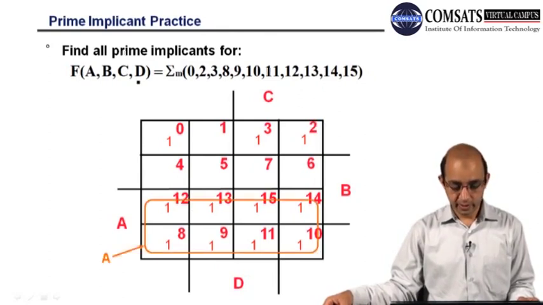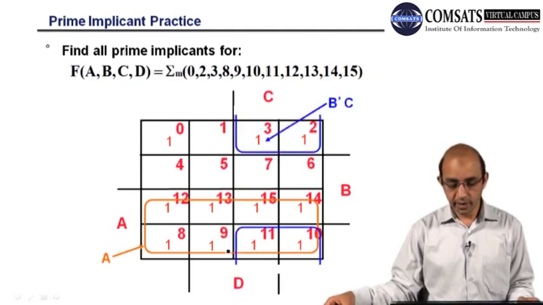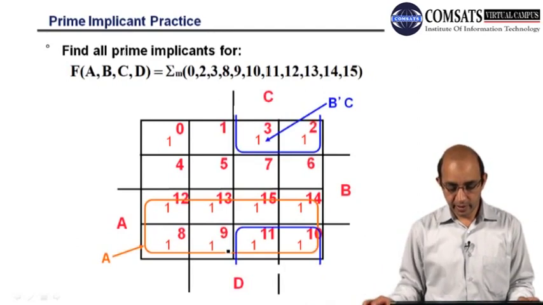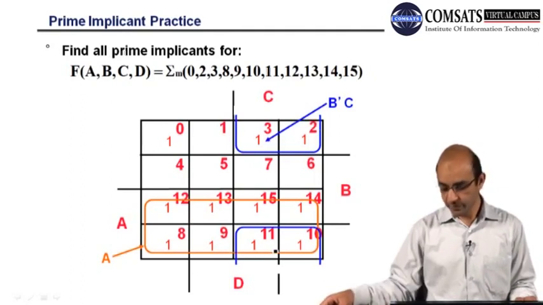So you can see that we have a quad at the bottom, right? And then we have a square. If we flip horizontally, we can have a square with these two ones and these two ones, right?